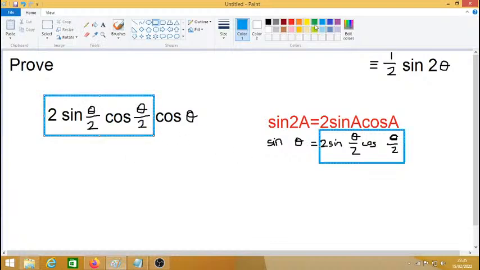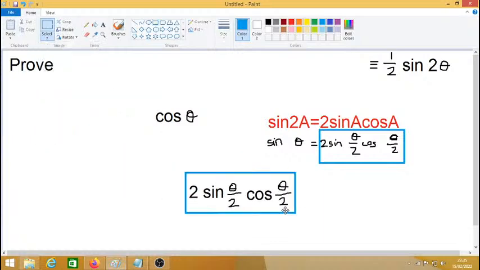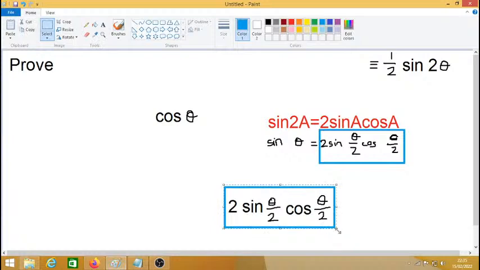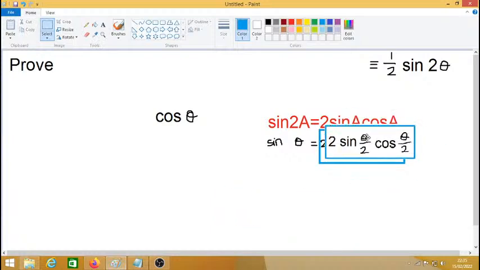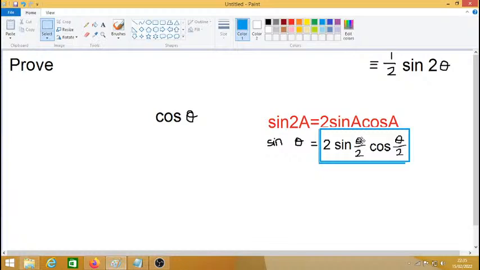So that means I can take all of this away and put that on this side. It's an exact match, which means the left-hand side can go in its place. So the left-hand side was sine theta, and that can go in its place. So now it's just sine theta cos theta.